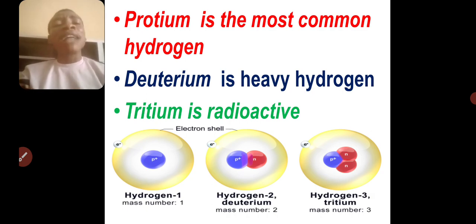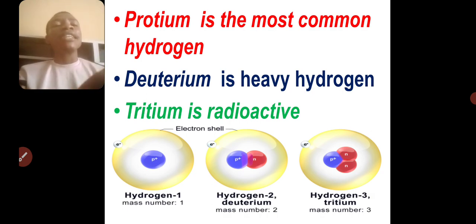While protium has 1 proton, 0 neutron, deuterium has 1 proton, 1 neutron. Tritium is radioactive in nature. It has 1 proton, 2 neutron.